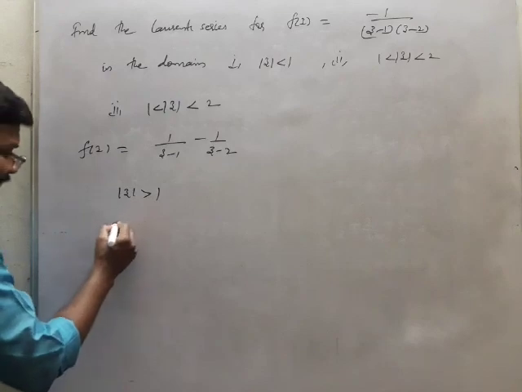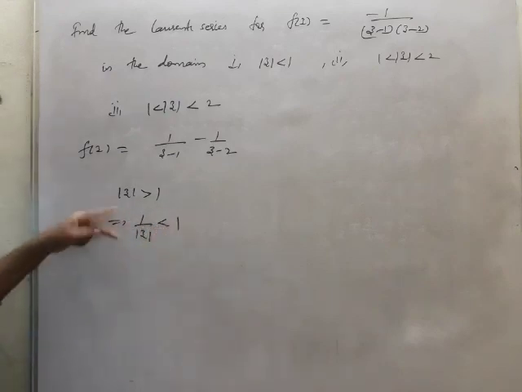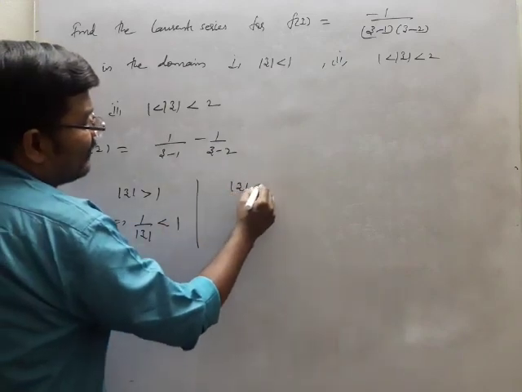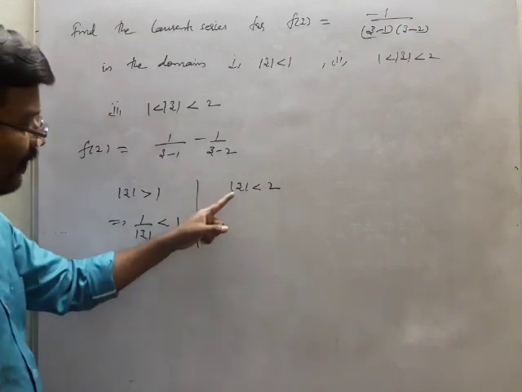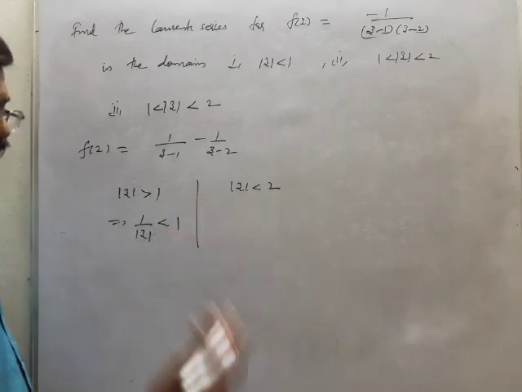So I may write this as 1 by mod z, which is less than 1, if I reverse it. This is one condition. And mod z is less than 2, so mod z is less than 2. It's a condition; I should get less than 1.